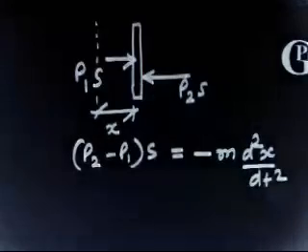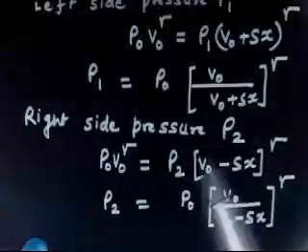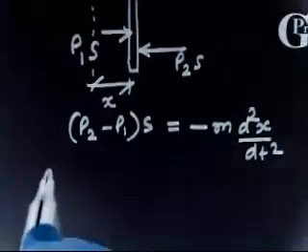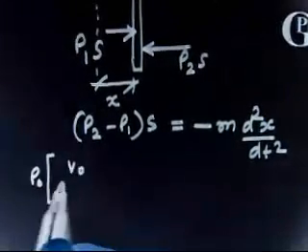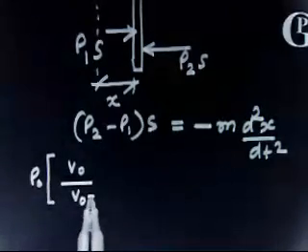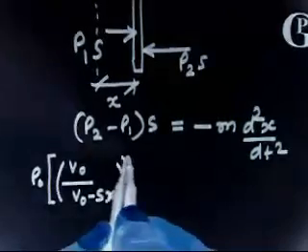And I know the values of P2 and P1. You see the back, you have P2 and P1, so you can plug in the values. P2 is this, P1 is this. If I plug in the values of P2 and P1, P0 is common. I will have V0 divided by (V0 minus Sx) to the power gamma.